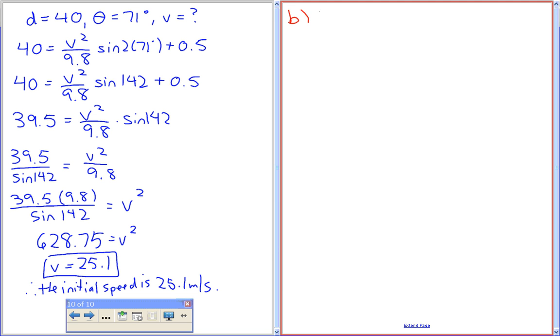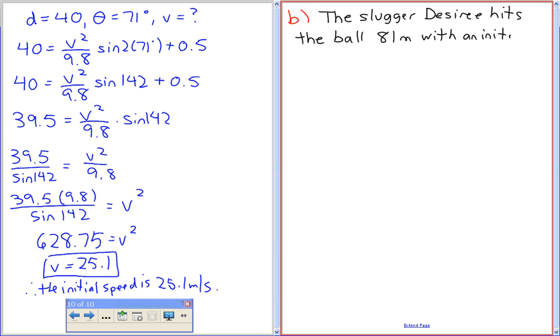I'm going to say the slugger Desiree hits the ball 81 meters with an initial speed of, let's say, 30 meters per second. At what angles could the ball be hit?